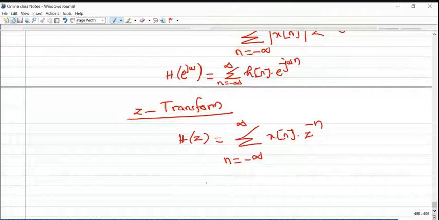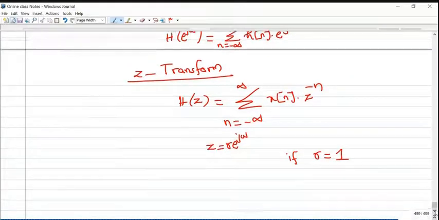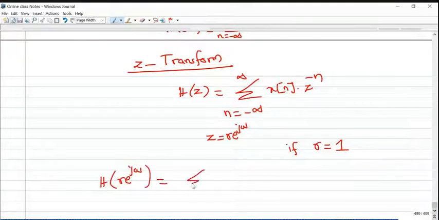I told you Z is equal to R e power j omega, where R is the radius of the circle. If R equal to 1, then H of R e power j omega equals the summation of x of n, R e power j omega, power n.